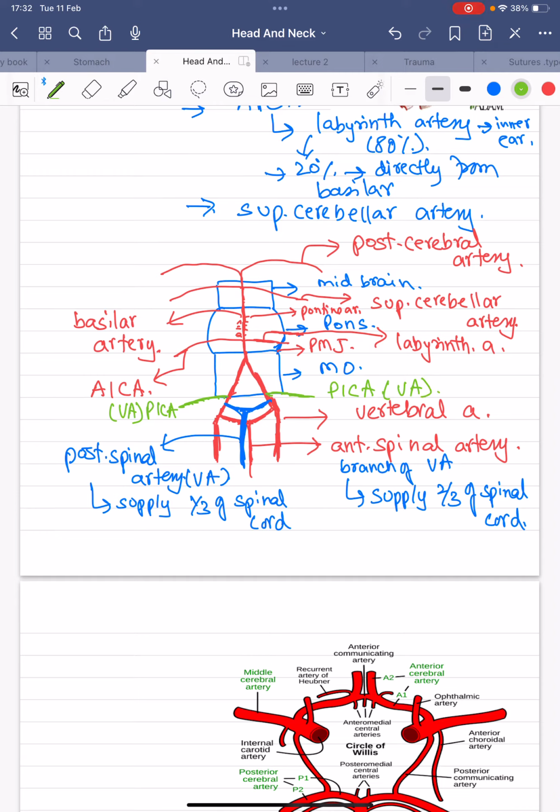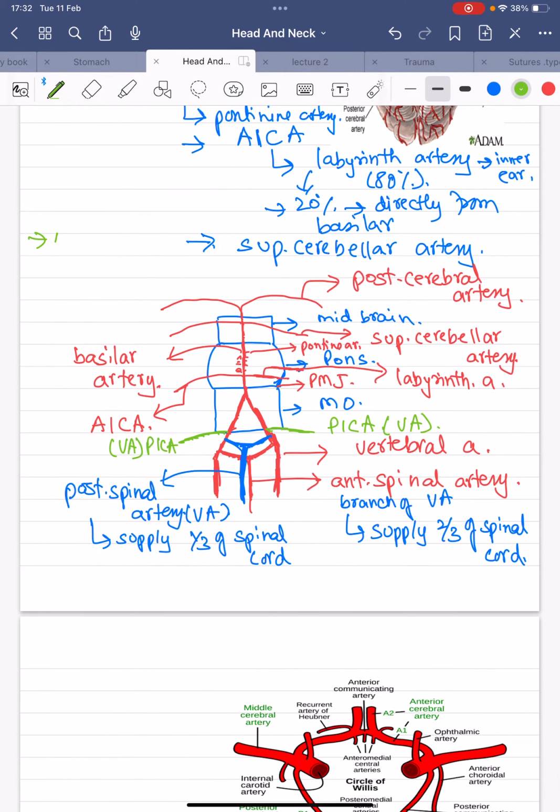So all these arteries which I drew here in the diagram, that is the basilar artery, vertebral artery, anterior spinal artery, posterior spinal artery, all these arteries are giving blood supply to your medulla oblongata, except one artery, and that exception is this artery.